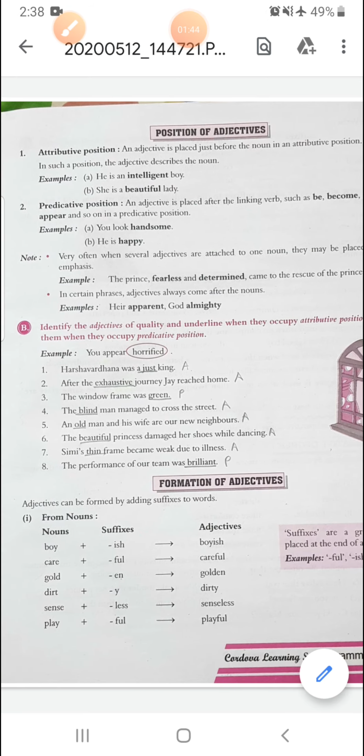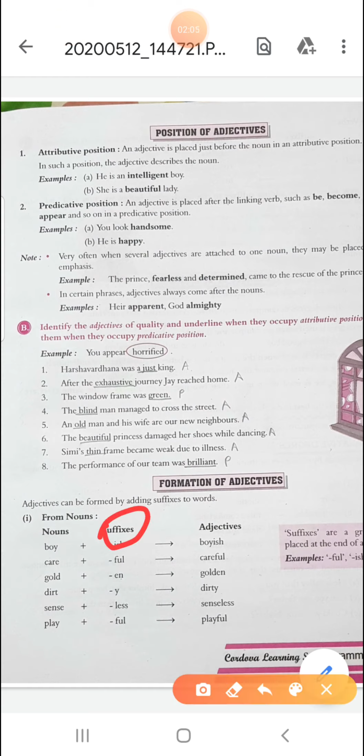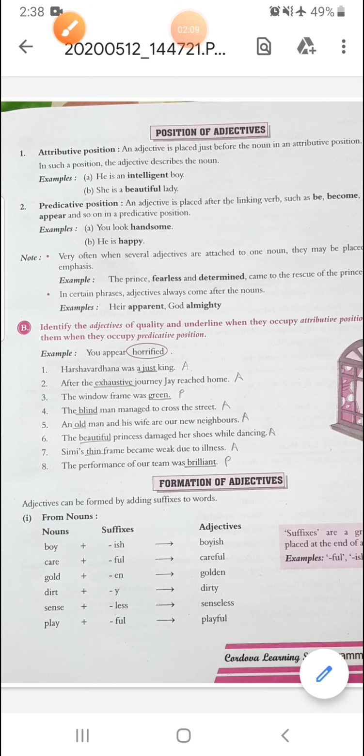So if we have to form an adjective, we have to add suffix, which means we have to add letters at the end of the root word. We can't say that they are properly words. There are some letters actually. If you see these, ish, full, n, y, less, full, these are some letters only.